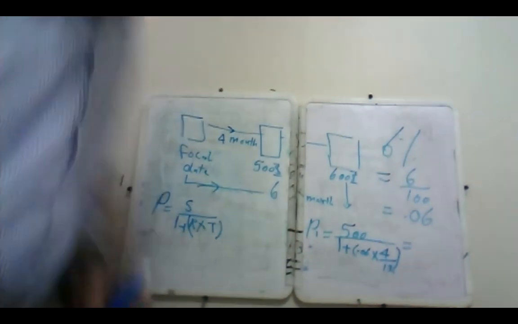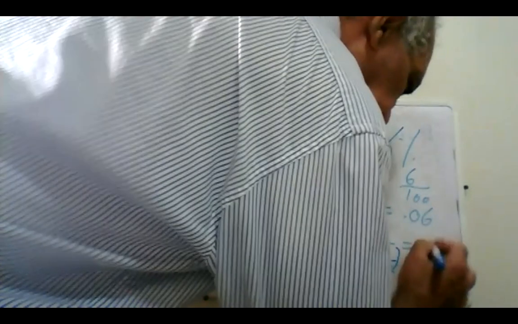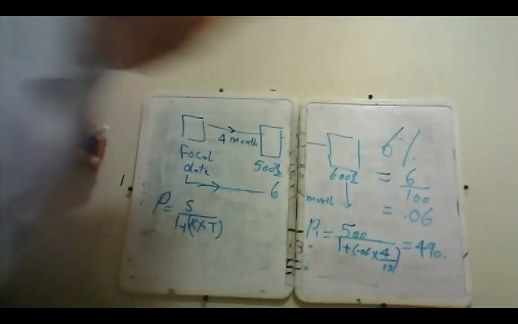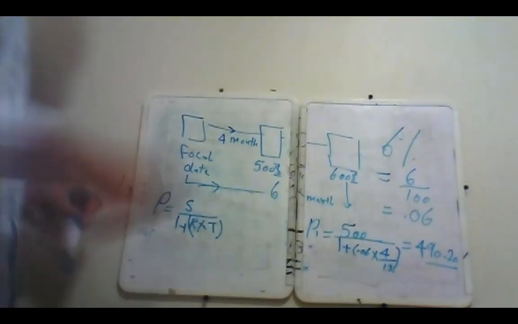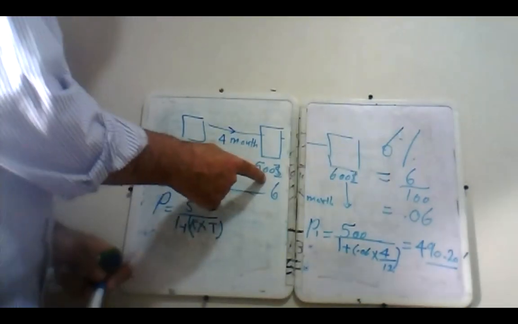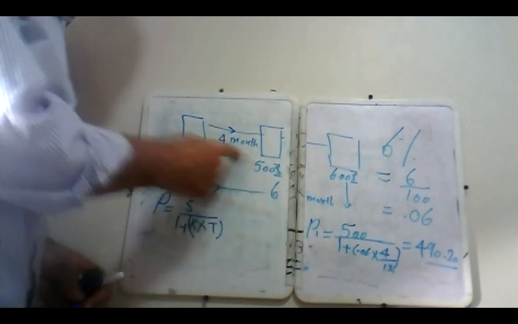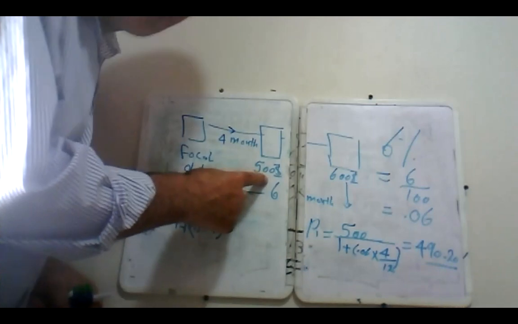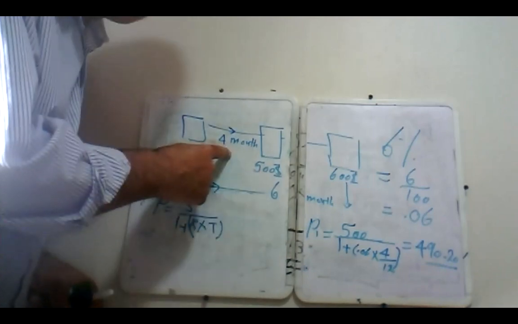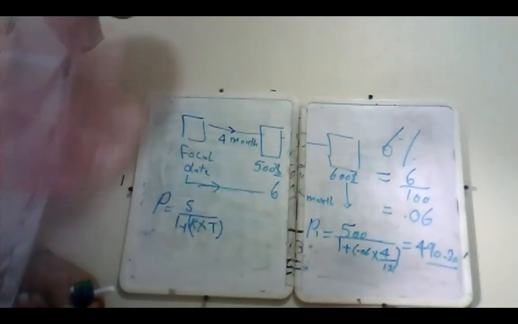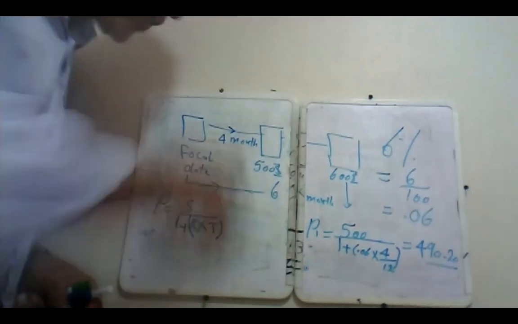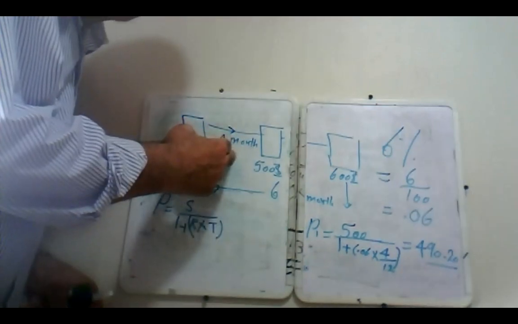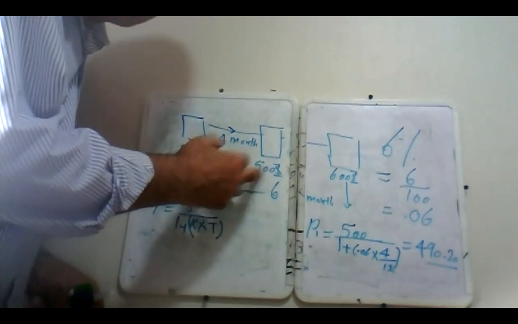The end of this calculation for the 500 will be $490.20. So, as an example, if you owe the bank $500, you have to pay the bank $500. This is how you can understand it. If you have to pay the bank $500 after 4 months, and you have money now, you will go to them and tell them, hey, I don't want to wait another 4 months to pay the $500 which I owe you.